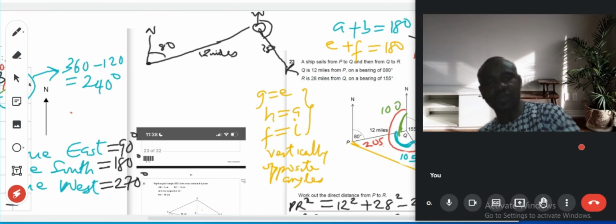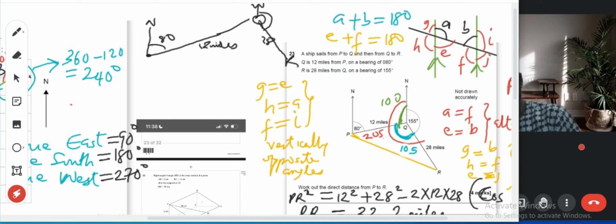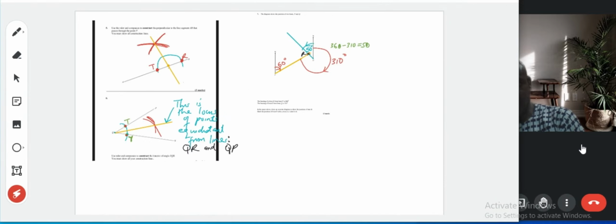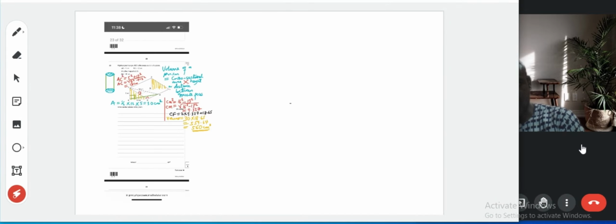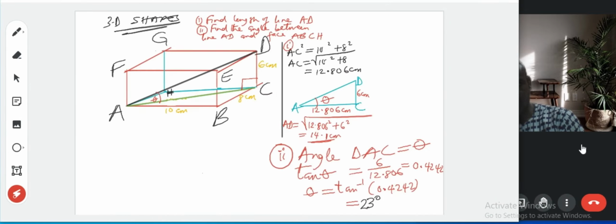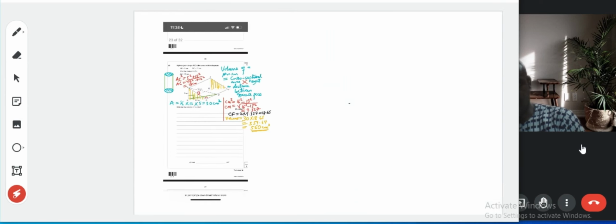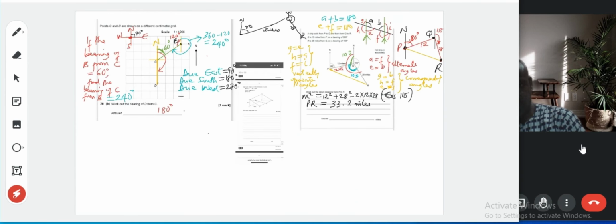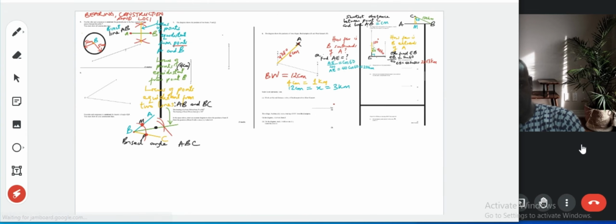You may be asked to find the shortest distance to a particular point. Let me look for a question like that where we have something to do with shortest distance.